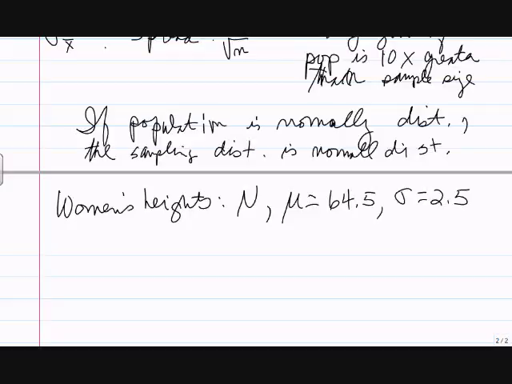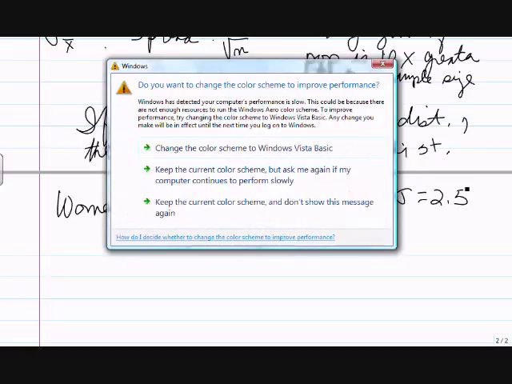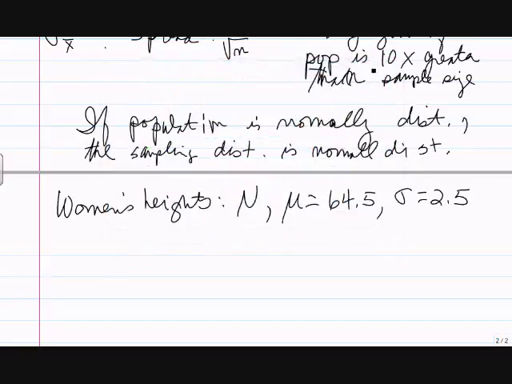If I go and pick out one woman at random, and I want to know the probability that her height is better than 66.5 inches, 5'6.5".